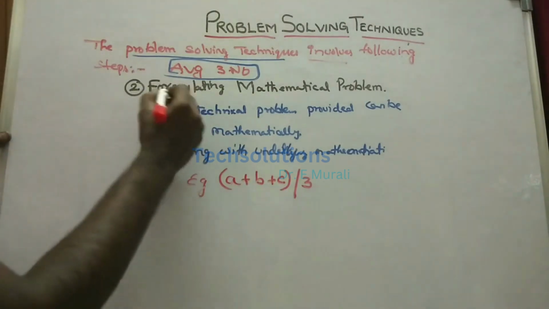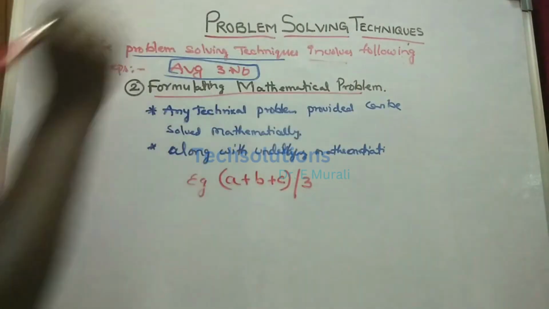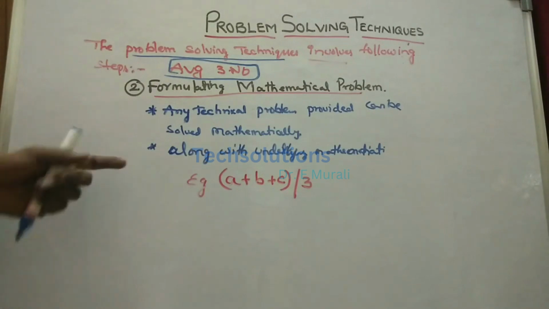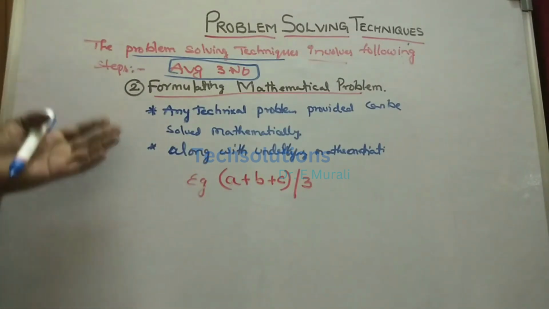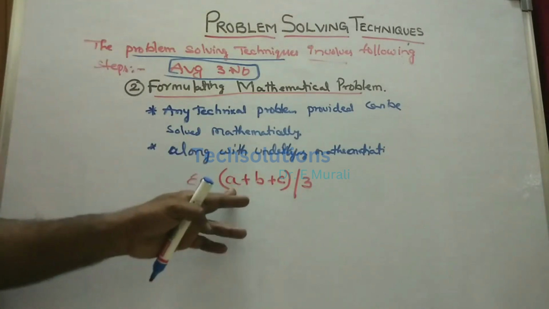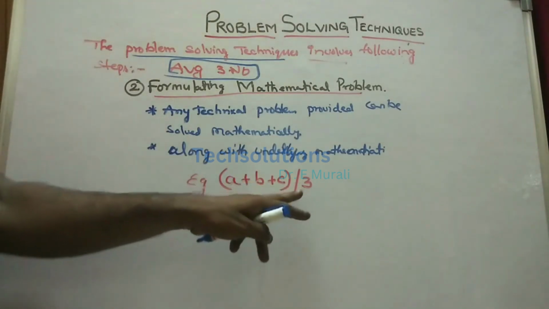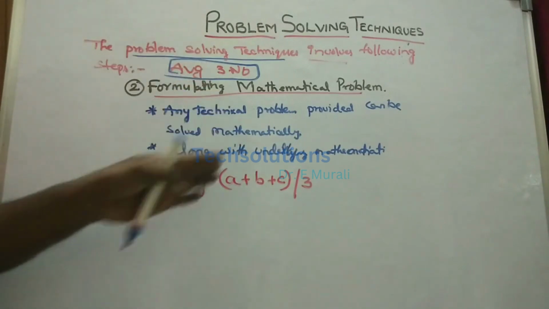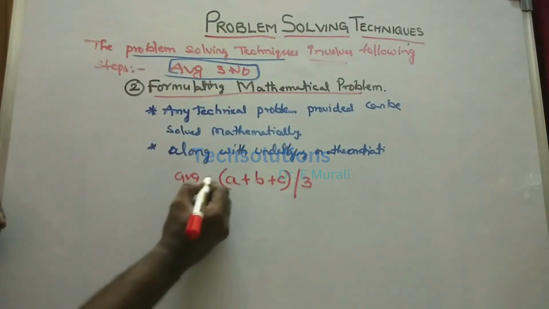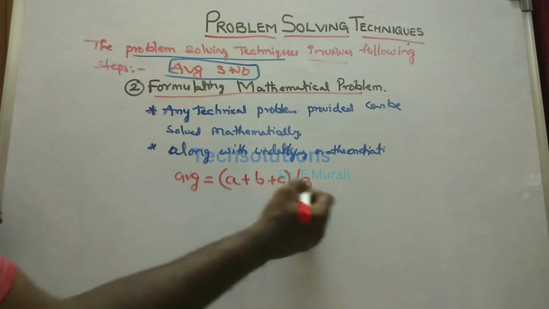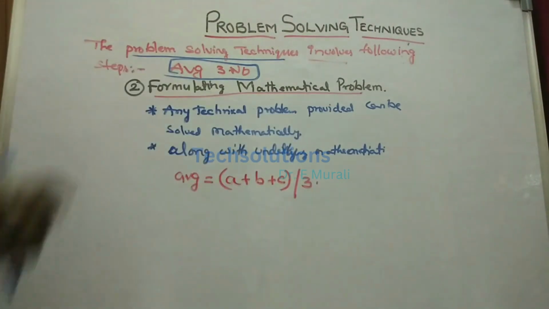So I can formulate the mathematical problem for the given problem statement. In the first step, defining the problem, I identified the inputs A, B, C. The output is the average that you have to calculate. Average equals A plus B plus C whole divided by 3. This is a mathematical representation of the problem. Clear? That is formulating the mathematical problem.